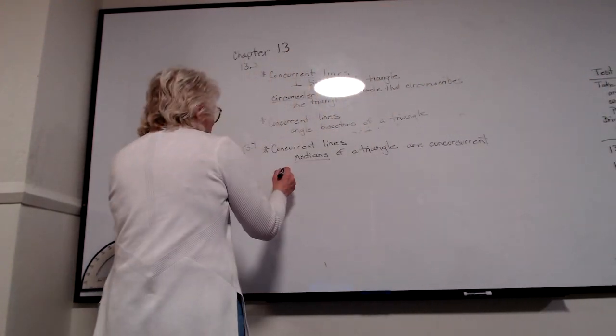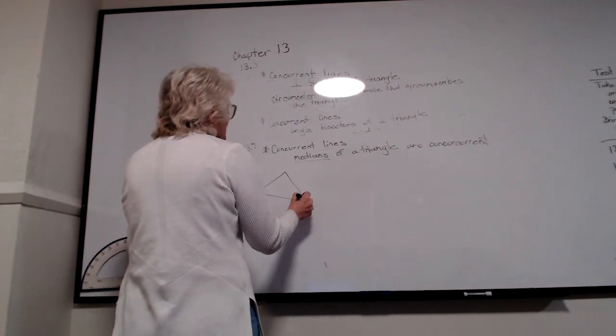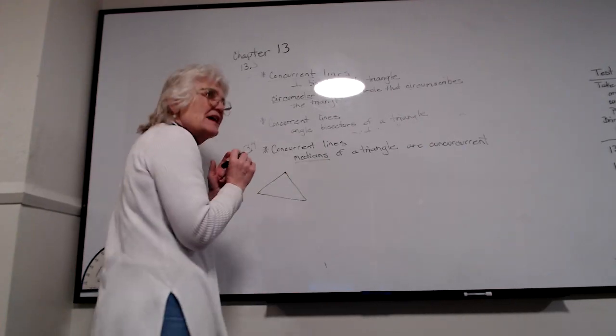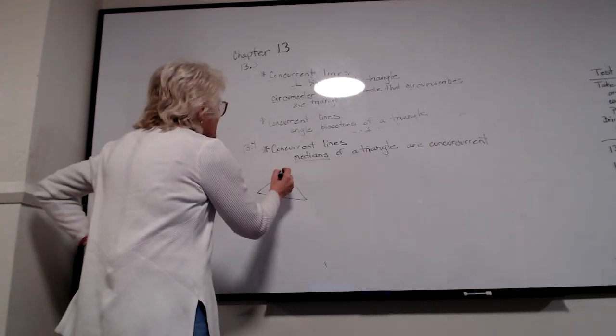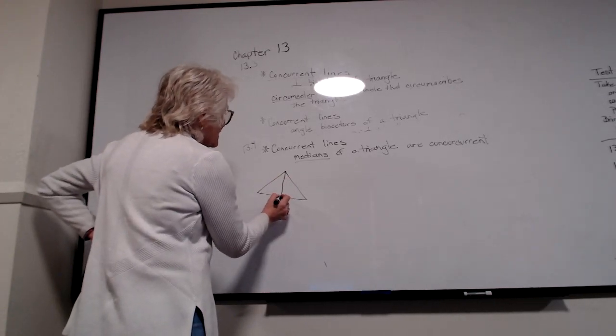Okay, so if I have a triangle, here's my triangle. The median is when you go from a vertex to the middle point of your other side.